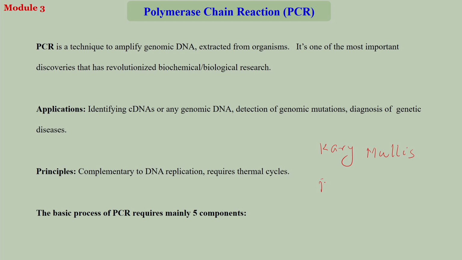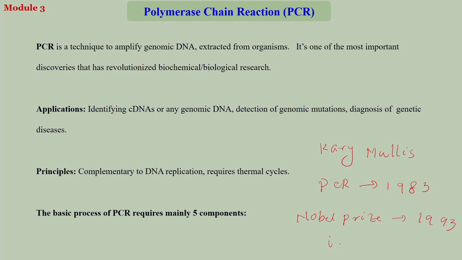The PCR technique was fully developed back in 1983, quite recently, and he received the Nobel Prize in 1993. This is one of the biggest inventions in the research of biochemistry, biotechnology and chemistry.